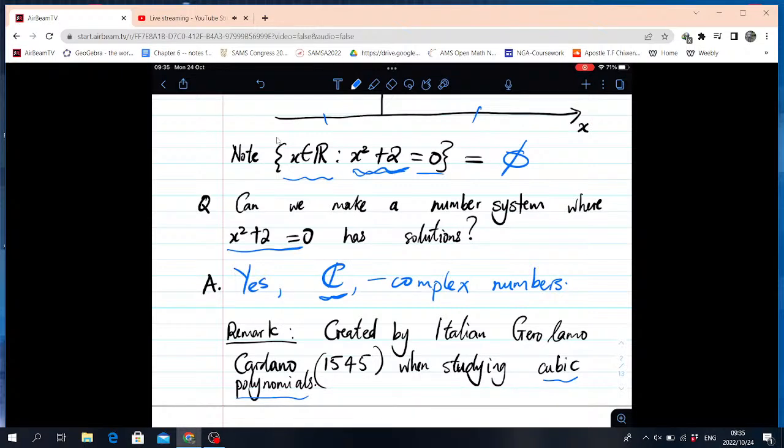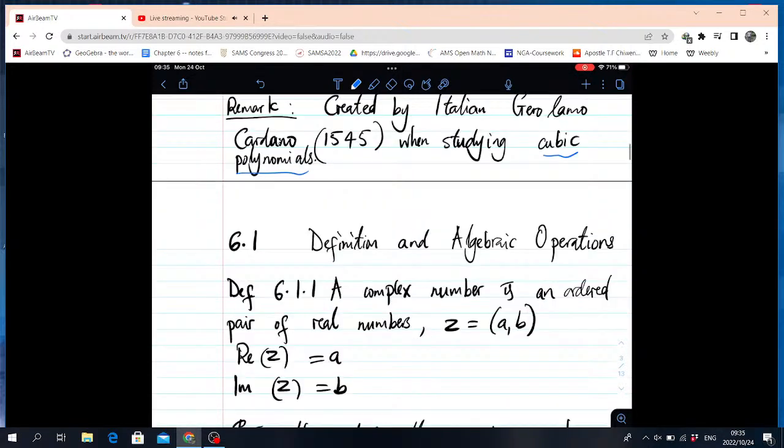Okay, so we know why we do need complex numbers, but what are these things? So that's what we want now to get into. So what is a complex number? So a complex number is an ordered pair of real numbers, z, which is going to be (a, b).